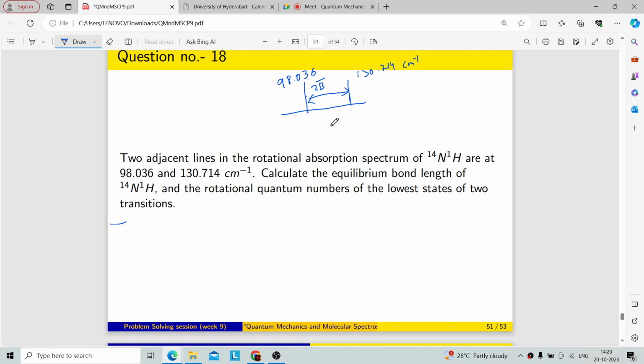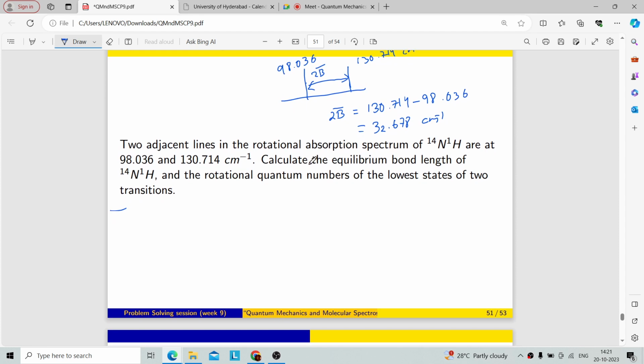So 2B bar will be equal to 130.714 minus 98.036, which is equal to 32.678 centimeters inverse.